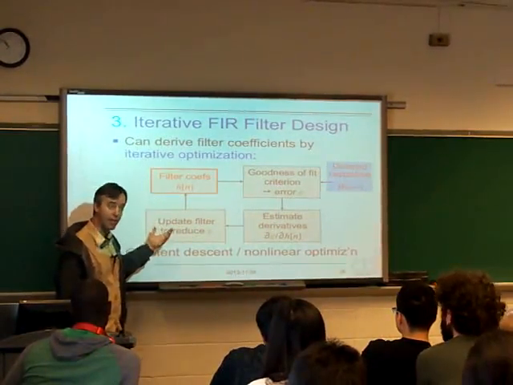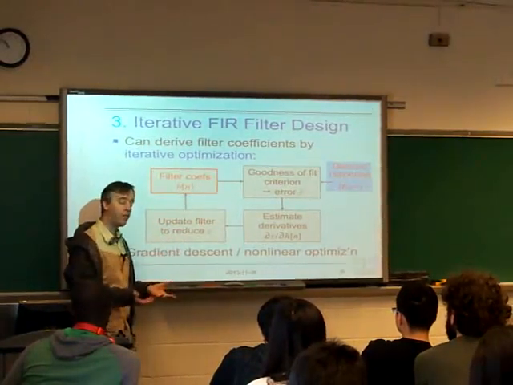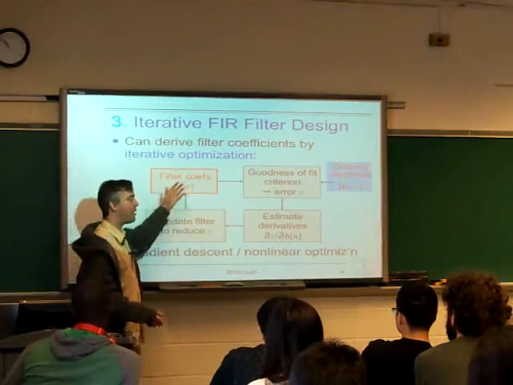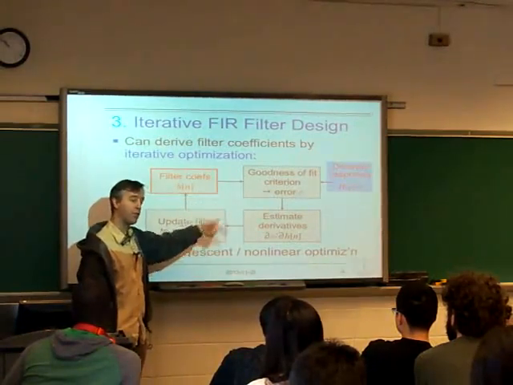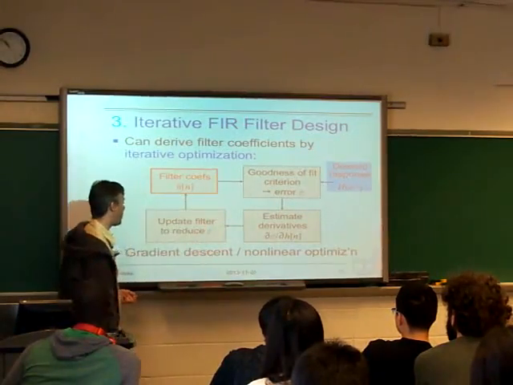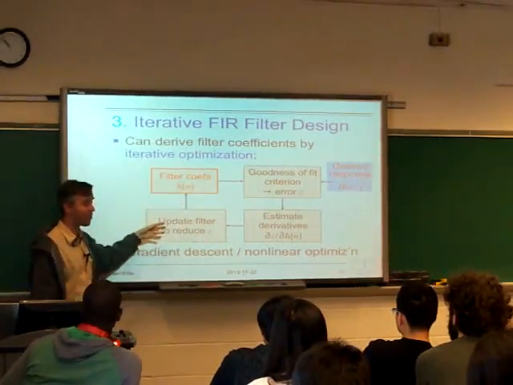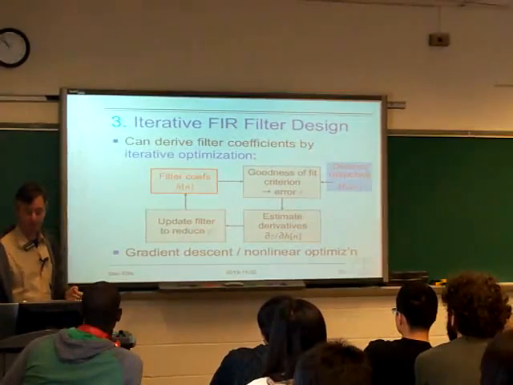And it's a very different flavor of solution than these closed form. Here's the polynomial that gives you the optimal thing you want. Here we're saying we don't have the mathematical solution, but we know how we can write an algorithm which will loop around and will find us a solution. And there's a very large body of literature on how to solve these general kinds of problems, these optimization problems.